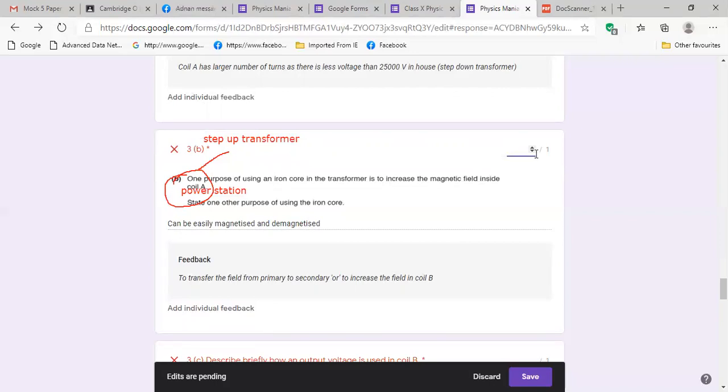When I send the email, it will go there. I am accepting your answer. Can be easily magnetized and demagnetized is also one of the reasons, but this one is more appropriate.